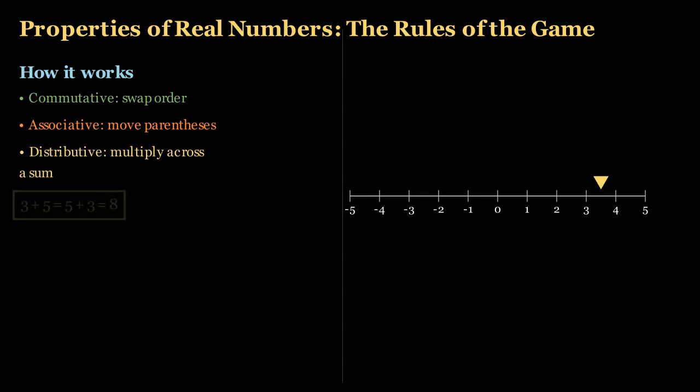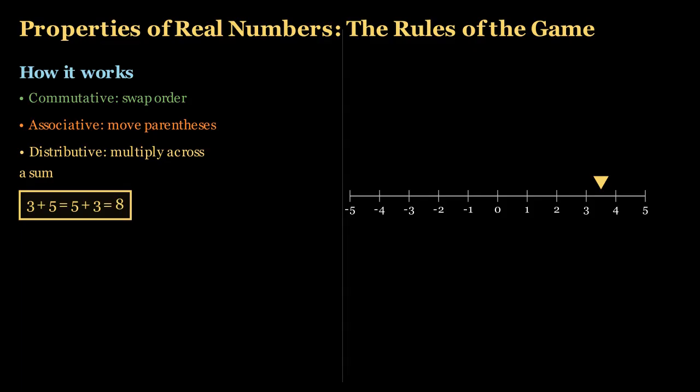Or you can add 3 and 4 first to get 7, then add 2 to get 9. The parentheses just tell you which pair to combine first, the total sum doesn't care. The distributive property connects the two operations. Imagine you have 5 bags, each containing 2 apples and 3 oranges.